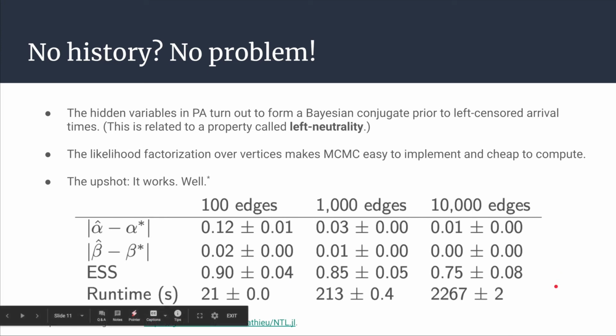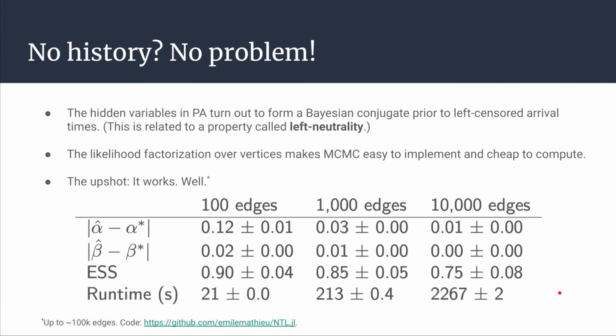And then the other thing to note is that the computational complexity of the sampler scales linearly with the number of edges. Okay, so we can't really do a whole lot better than that in terms of MCMC sampling, in terms of computational complexity. The limit to the current methods is about 100,000 edges, and at that point the statistical properties of the sampler start to degrade.